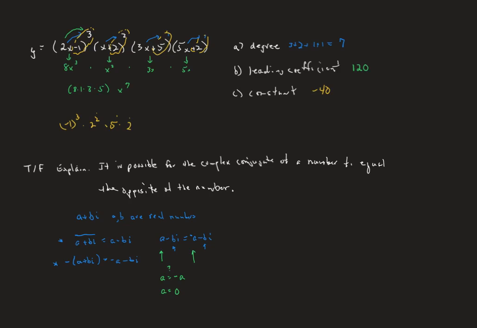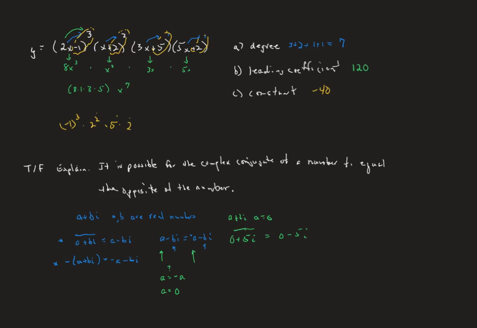So what that's saying is that if we choose a complex number a plus bi where the a is 0, that is, if we pick something that is purely imaginary, for example, what if we chose 5i? Well, you could think of that as 0 plus 5i, so its conjugate would be 0 minus 5i.